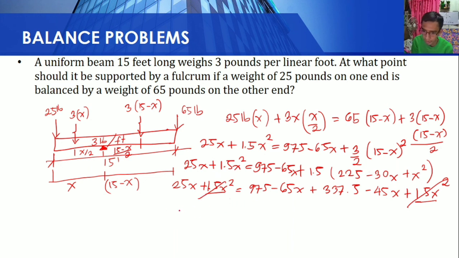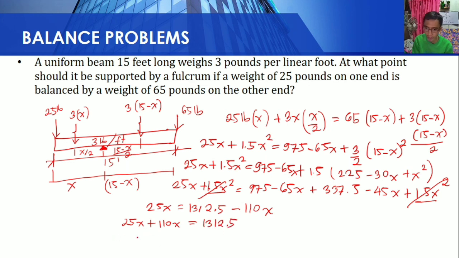That will be 25x is equal to 975 plus 337.5. So, that will be 1312.5. So, negative 65x minus 45x, that will be minus 110x. Lipat natin yung 110x sa kabila. So, that will be 25x plus 110x is equal to 1312.5.